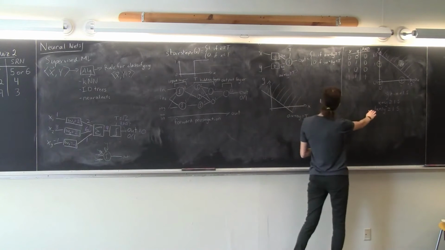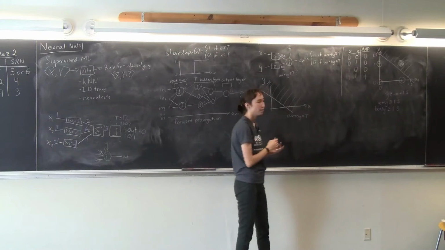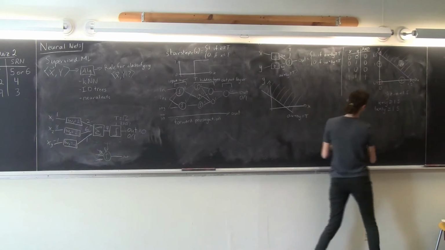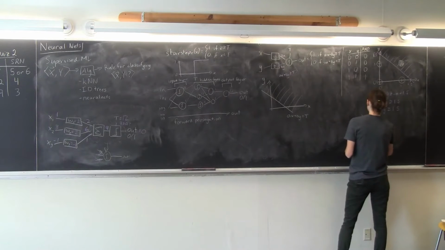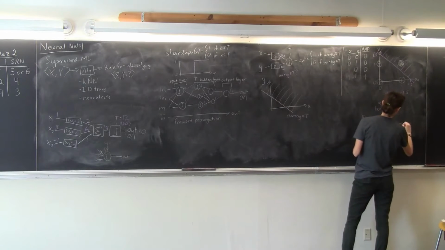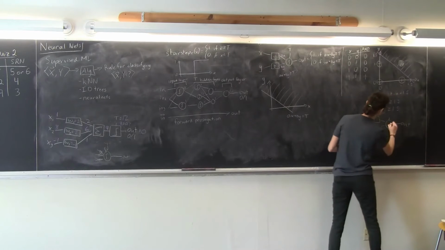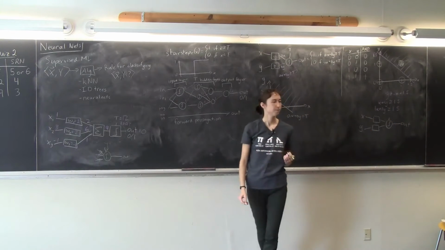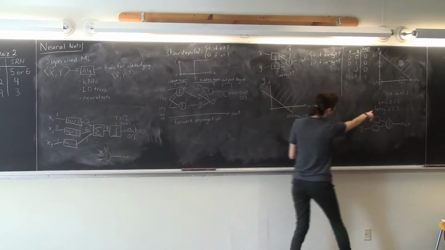Okay, so now we want to make a single neuron neural net that classifies this data. So we're just going to map this equation onto a neural net, where we have our inputs x and y, some weights going into a neuron with some threshold, and we'll get an output. So what would be the weight for x? 1, because that's just 1 times x.